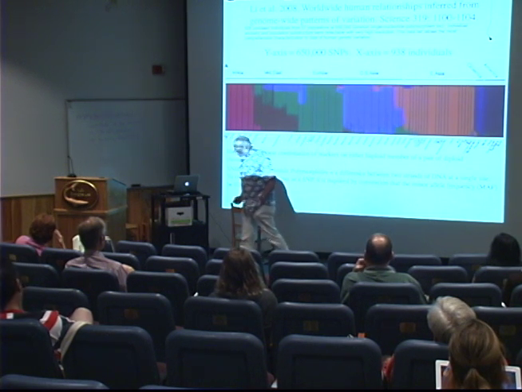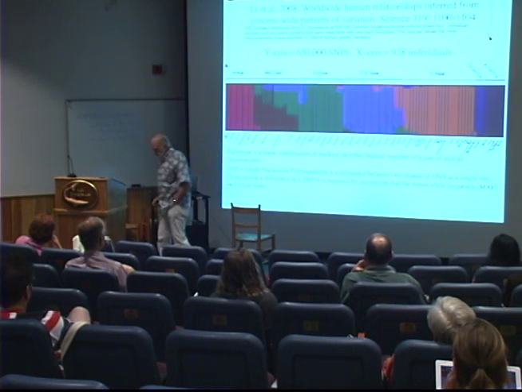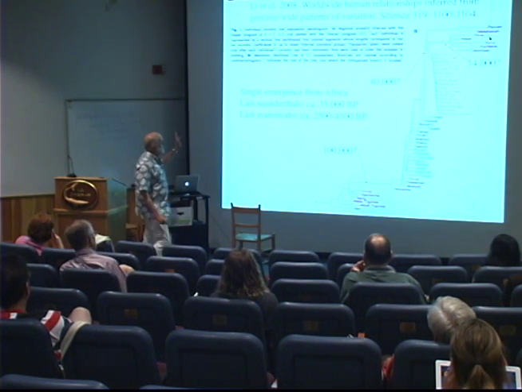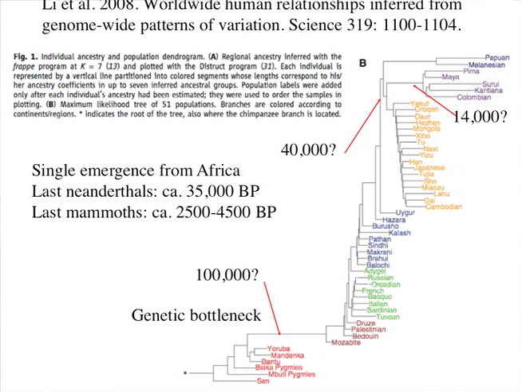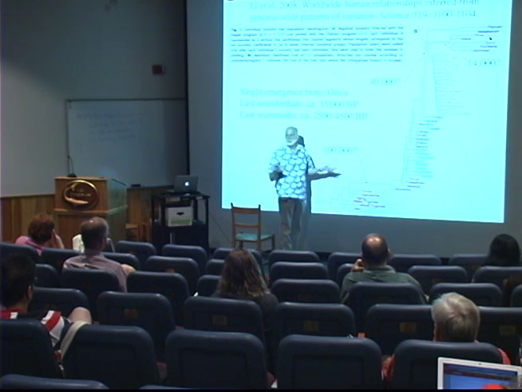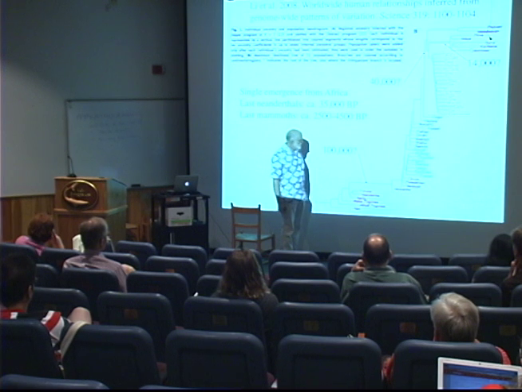Now, they then asked, okay, what can we say about our evolutionary history if we use that variation to look at a phylogeny? Well, what they recover basically is, yes, if we just look at the genes, we don't know anything about any other information, fossils, archaeology, history.